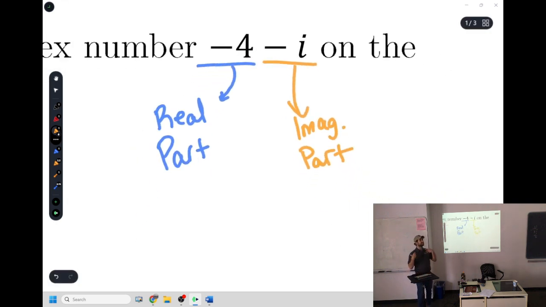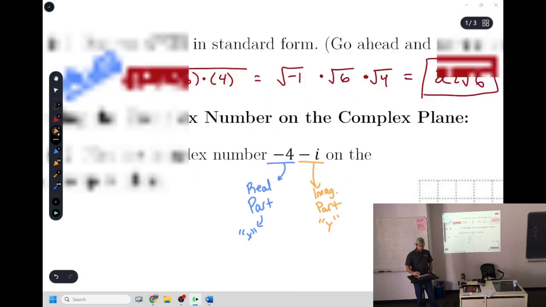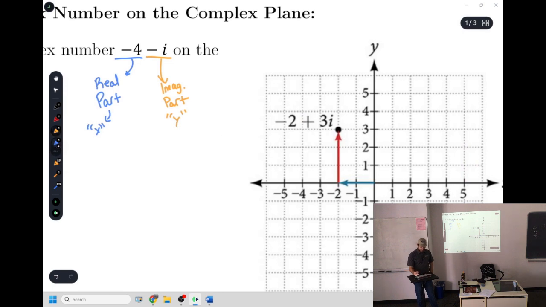Cool. And you know what? Remember, this is all made up anyways. This is all imaginary. They said, hey, what if we were to plot these like we plot normal things? The real part gets to be the x, which means the imaginary part gets to be the y. All right, so in order to plot -4 minus i, how far do we go over? -4, and how far do we go up or down?